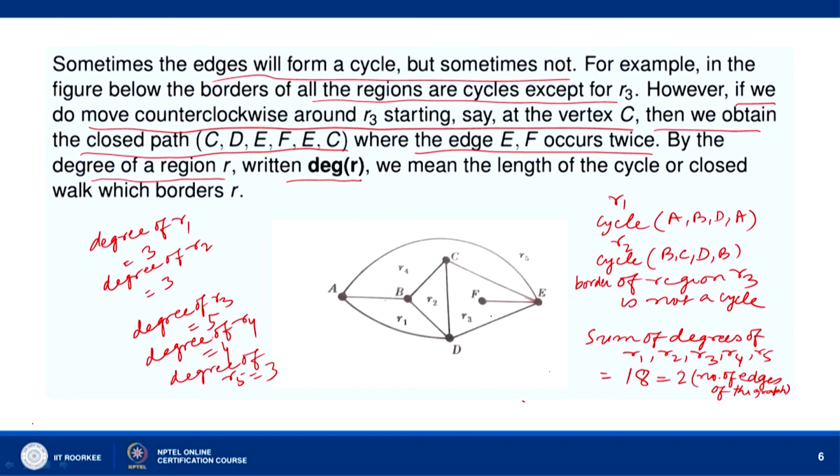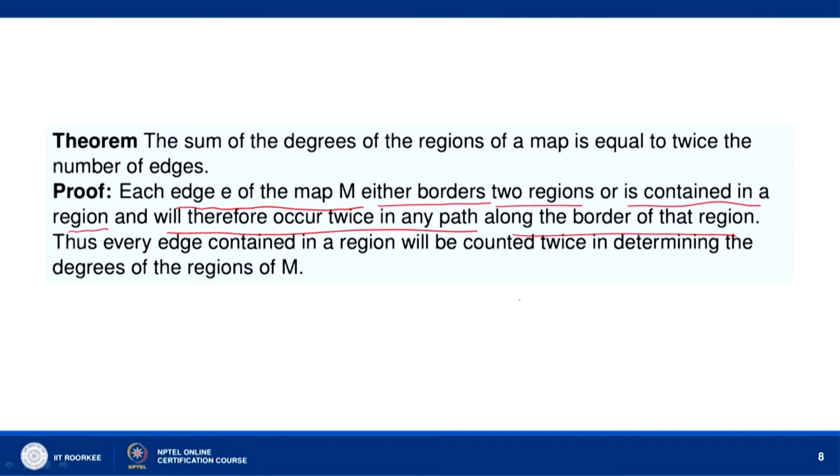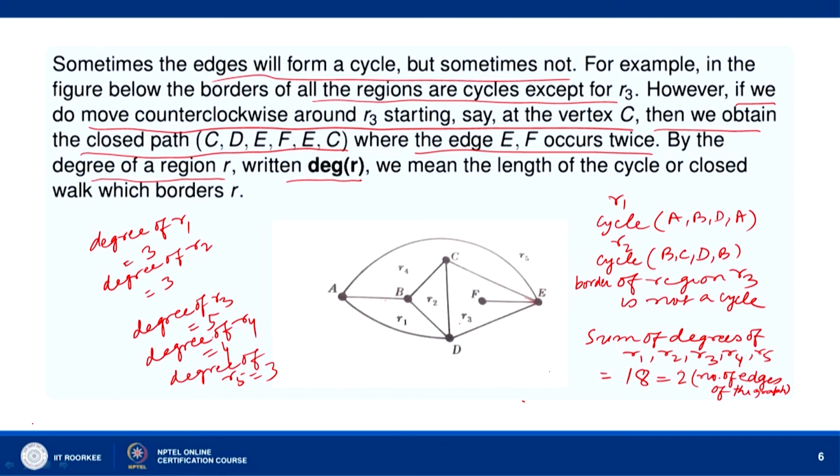And then if an edge is contained in a region, like FE is contained in this region, then again it is counted twice. You can see here we moved from E to F, then back from F to E. So, it is counted twice. So, in order to find the degree of R3, we had to count FE twice.